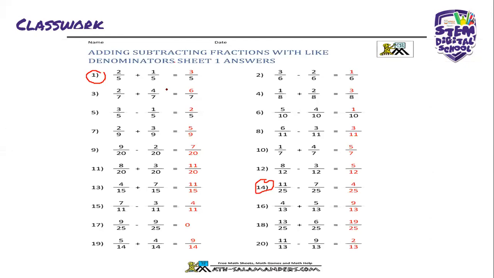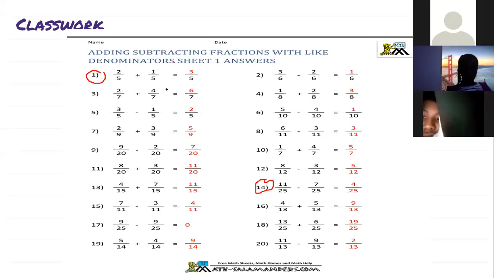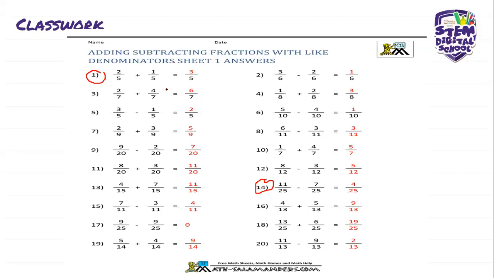I added 3 over 5. You added? Please repeat. I added 1 whole over 1 over 2. So you added 2 over 5 plus 1 over 5 and you got 3 over 5. 1 whole over 1 over 2 equals 3 over 2.